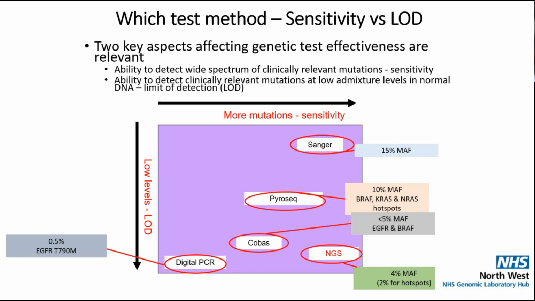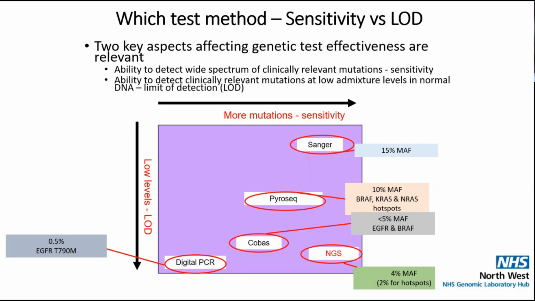There are a number of aspects we have to consider when we're choosing a test. We obviously look at cost and how long the test takes to run. Some of these machines run in minutes or hours, some can take a day. But one of the key things that we would look at when we're deciding which test method to use would be the balance between how many mutations we want to detect, how many genes, what's the spectrum of mutations in your, in this case, cancer of interest or your tumour of interest, and then also how low level your limit of detection needs to be.